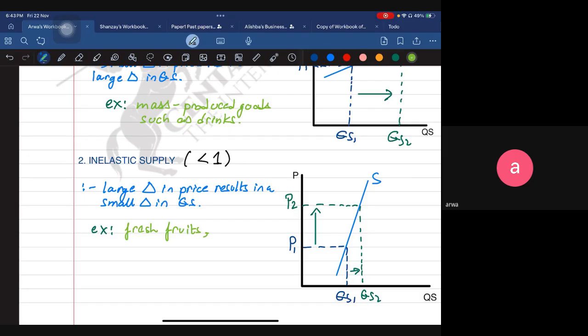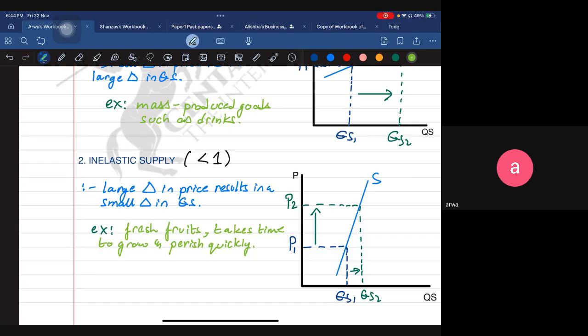Also, it takes time to cultivate them, so suppliers can't start producing a lot even if the price changes. Very good. Both examples take time to grow and perish quickly. Excellent. So you see, this example is best fitting for inelastic supply, right?